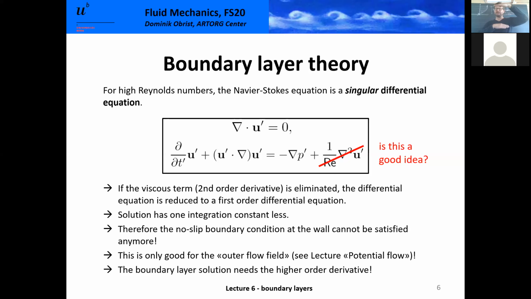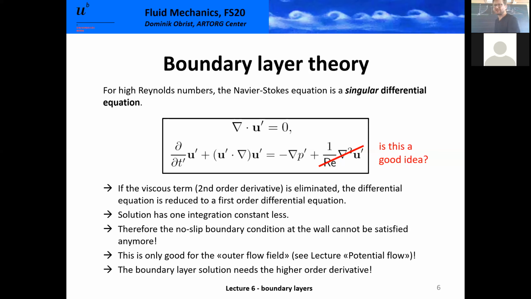If we delete the higher order term and go to a first order equation, we only have one boundary condition left that we can satisfy. So what does that mean? Throwing away the high order term leads to a solution that has only one integration constant, and we can only satisfy one boundary condition.